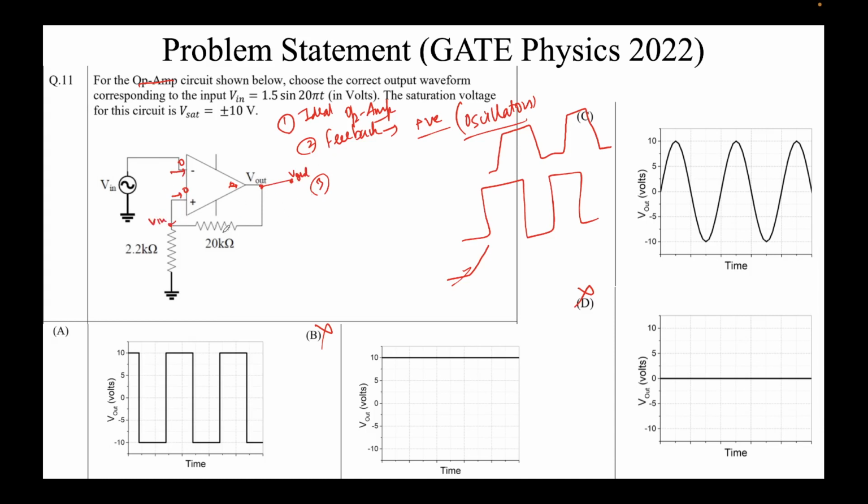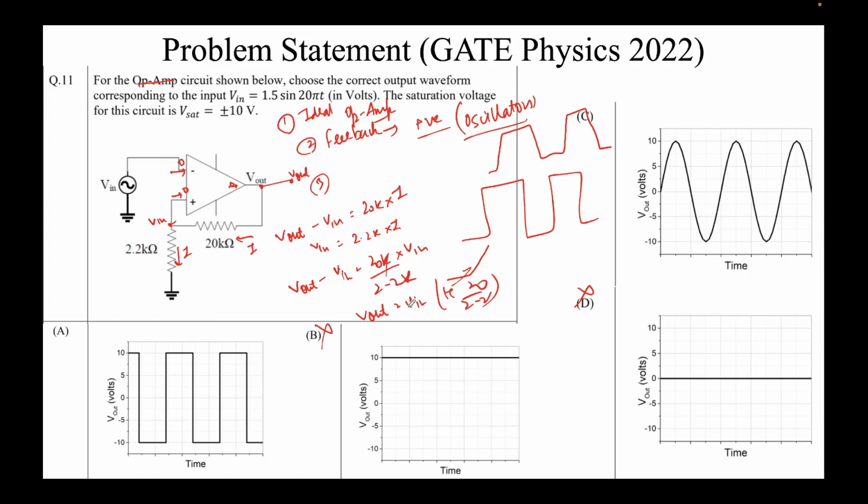Applying Ohm's law across this 20 kilo ohm resistor, V out minus V in equals 20k times I, where I is the current here, and the same current has to flow here since no current can go into the input. Now applying Ohm's law across this resistor, V in equals 2.2k times I. Placing the value of I from here to here, I get V out minus V in equals 20k times V in over 2.2k. This gets cancelled out, so V out will be V in times 1 plus 20 upon 2.2.